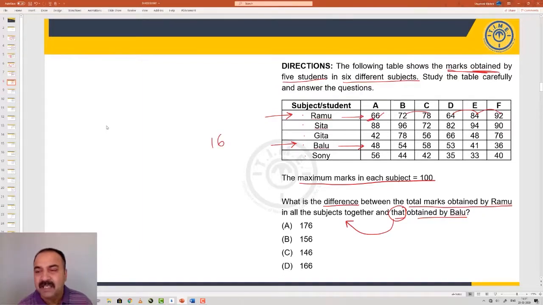I have a 60 with a 70, which is 130. 130 with a 70, which is 200. 200 plus 60 is 260. 260 plus 80 is 340. And 340 plus 90 is 430. When I add up 430 with 16, I will get 446. This becomes my total for Ram.